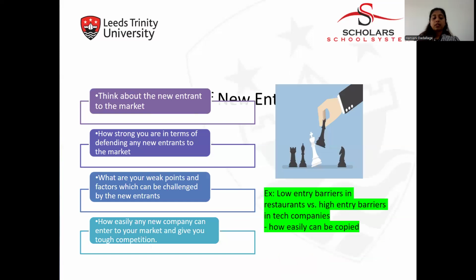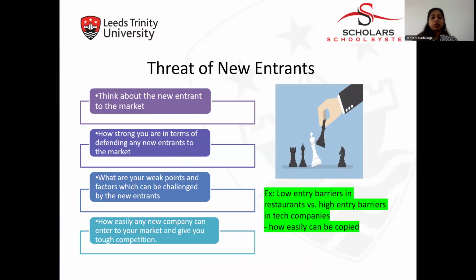Then when we move on to the second force, which is threat of new entrants, we have to think about new entrants to the market. When we are operating in a market, there can be new entrants coming into the market. So you have to think how strong you are in terms of defending against any new entrants, what your weak points are and factors which can be challenged by the new entrants, and how easily any new company can enter your market and give you tough competition.